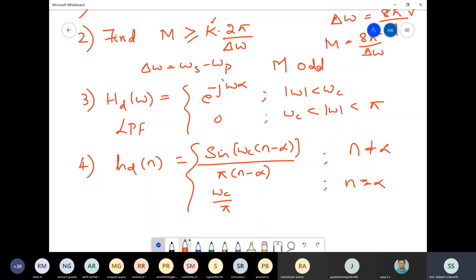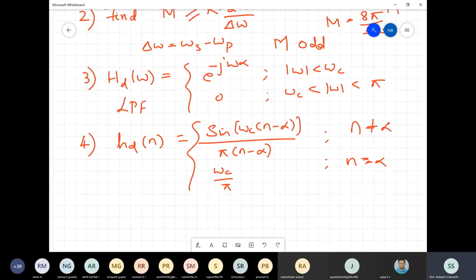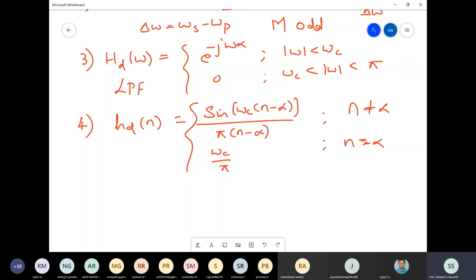Then we don't know omega c, correct? Sometimes they give you omega c directly in the problem, sometimes they don't. So if they have not given you omega c, find omega c as omega p plus delta omega by 2, the center of the transition band. The center of the transition band will be your cutoff frequency, omega c, which is required in this equation.